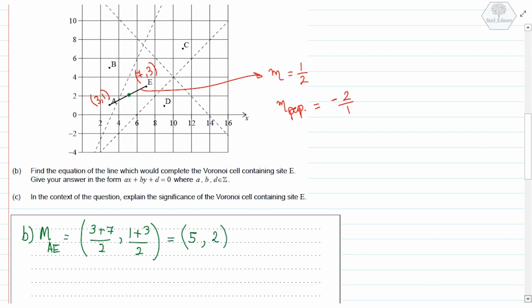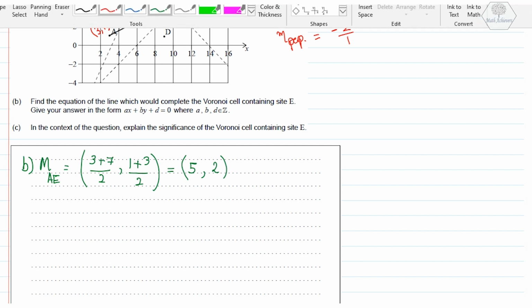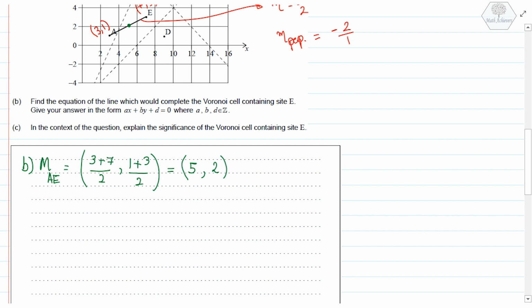Now I use y equals mx plus c to find the equation of the perpendicular bisector. So I have y is equal to negative 2x plus c. And now I substitute this point. When x is equal to 5, the value of y is 2.